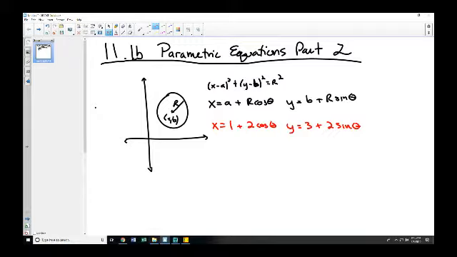Fortunately, the radius r is always the same, right? There you go. So the center is at (1, 3). The radius is 2.